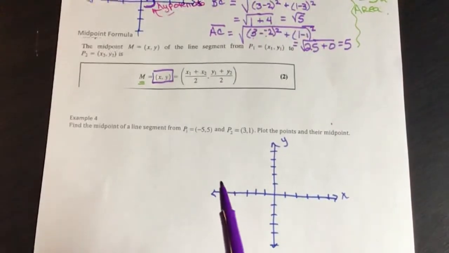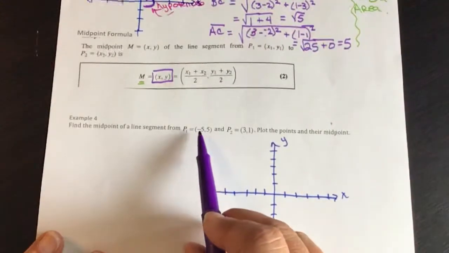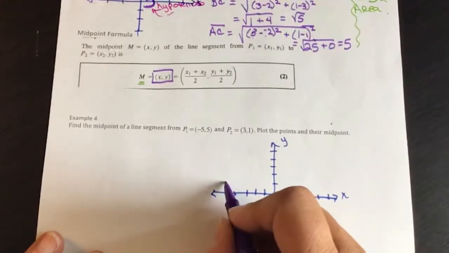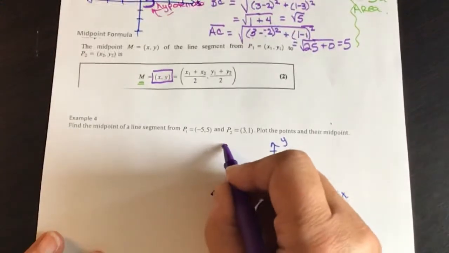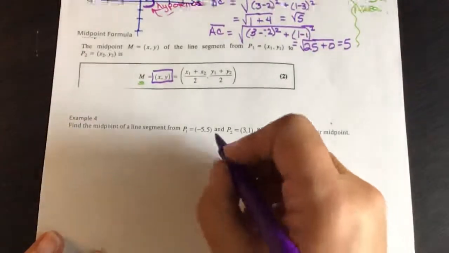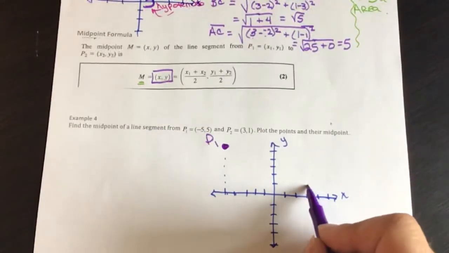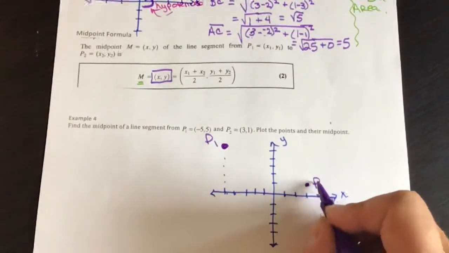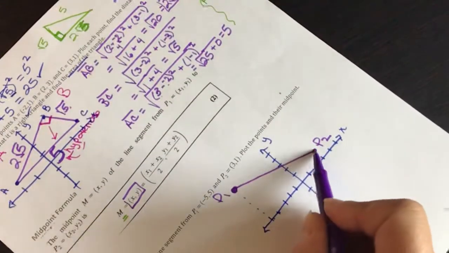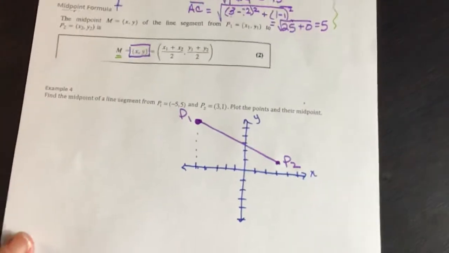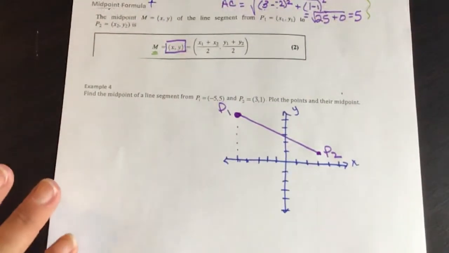So here are 2 points, and if I plot them to give me a visual, I have 1, 2, 3, 4, 5, -5, then 1, 2, 3, 4, 5, here's -5, 5, so this is point 1. And then I have 1, 2, 3, up 1, and this is point 2. If I connect them, I'm going to have a line segment, and I want to find the exact value of the point between them, the coordinates of that point.